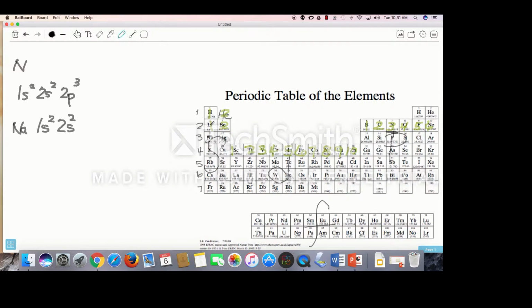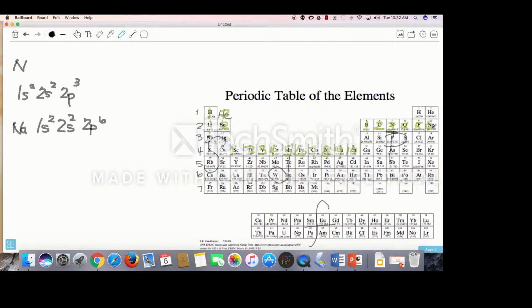Now that we're done with 2s, we come across to 2p, and in the p sublevel we have a total of 6 electrons. 1, 2, 3, 4, 5, 6. So now we go over here, 2p, and we write the superscript 6 to represent those 6 electrons.